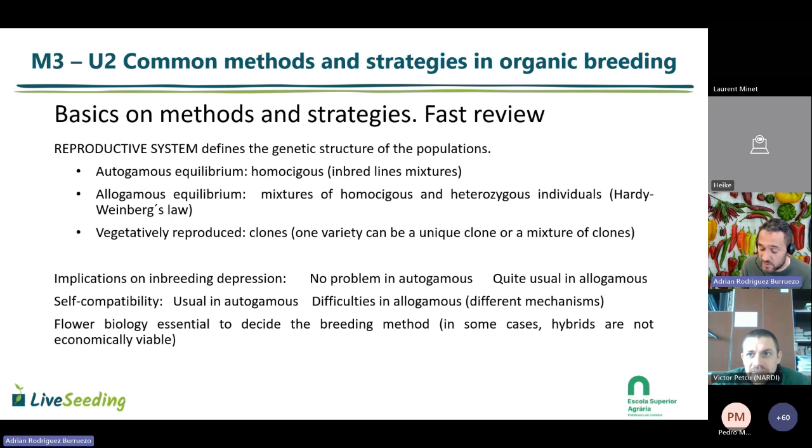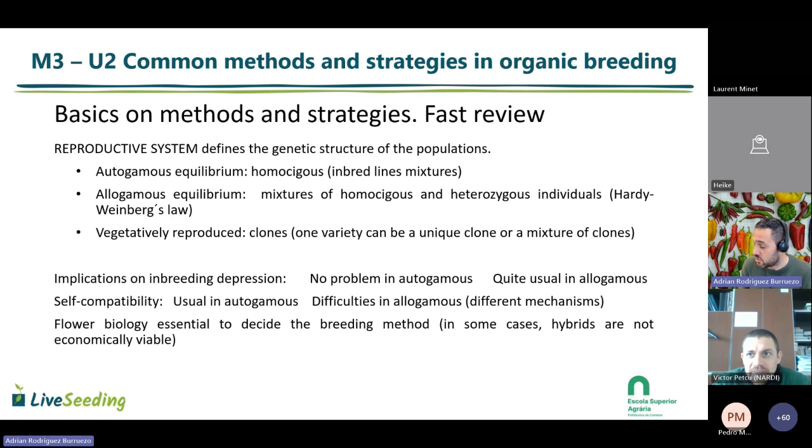Okay, or during your breeding process, you are forcing selfing, okay, to ensure highly homozygous individuals. This is the problem in inbreeding depression, which this selfing forced towards highly homozygous lines usually provokes the appearance of deleterious syndrome or deleterious performance of the individuals.